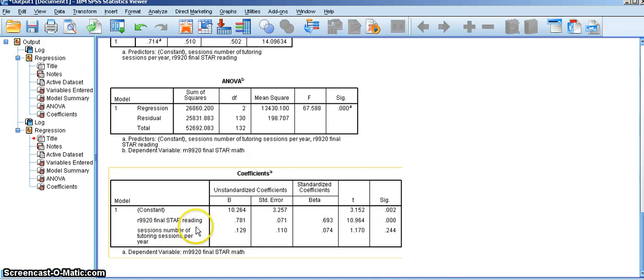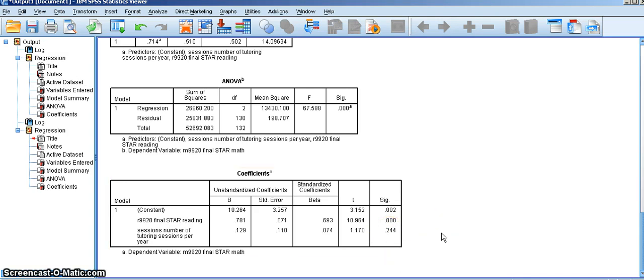So here's our final reading score, which, if we look across, is a significant predictor for the model. The number of sessions, however, has a significance that is greater than 0.05.